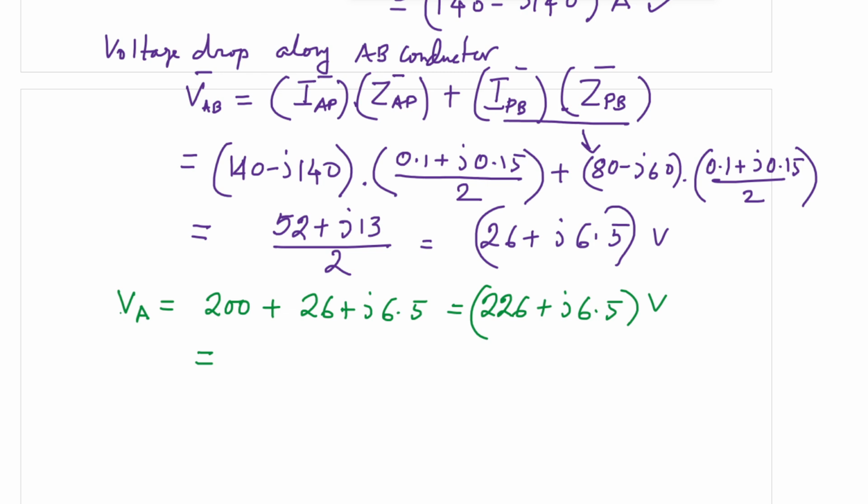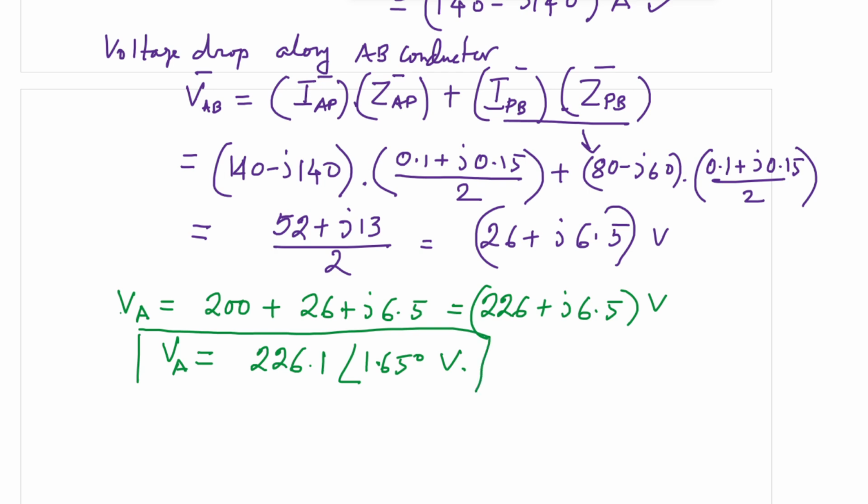So if you convert this into polar form, you will get 226.1 at an angle of 1.65 degree. So this is the first answer, VA. What is the supply end voltage? That is VA.